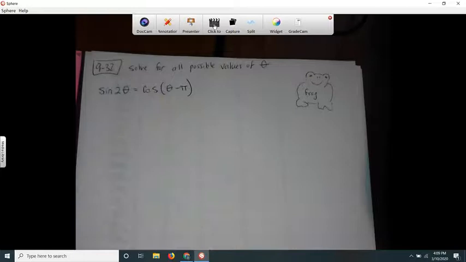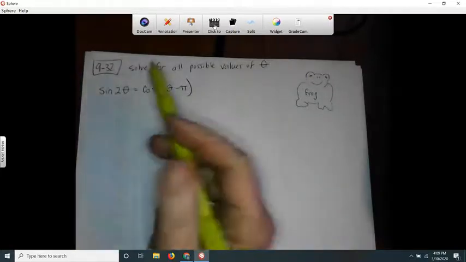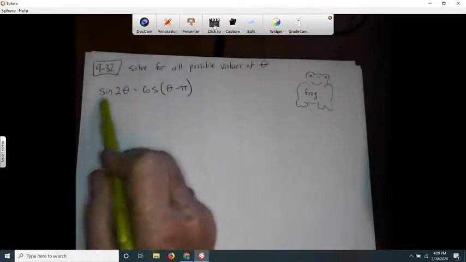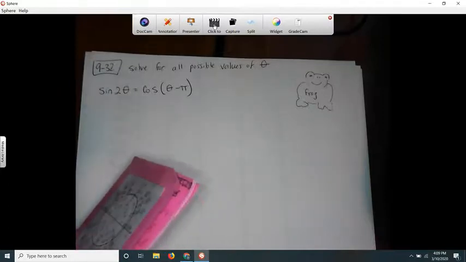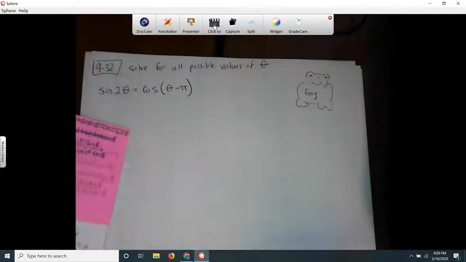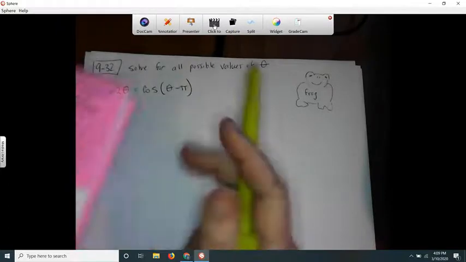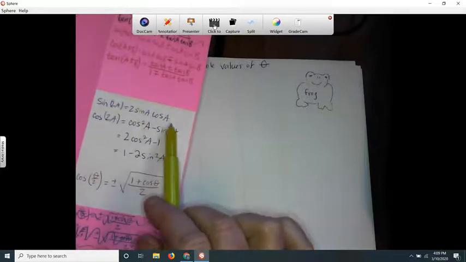So right away, I remembered that we had a double angle formula, and so I went over here and replaced sine 2 theta. I think I've got this formula right here. It's 2 sine theta cosine theta.